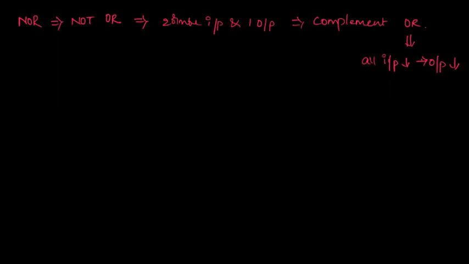Okay. So now let us try to understand. If it is a complement of this, then the output will be high in this scenario. Now, NOR gate can be represented as not of OR gate, or this can also be represented like this.